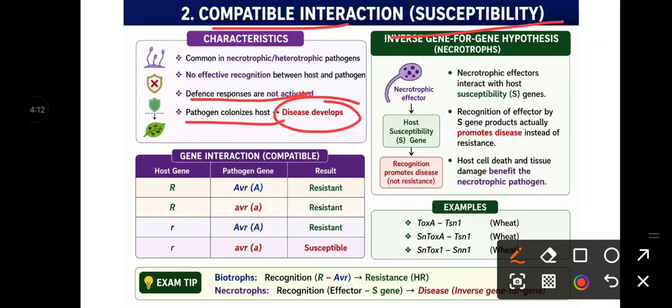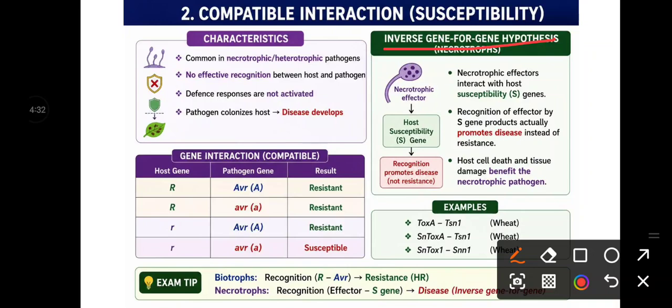See, here in case of compatible reaction, the inverse gene-for-gene hypothesis is applied. Inverse gene-for-gene hypothesis means here the necrotrophic effectors are produced, not the elicitor.